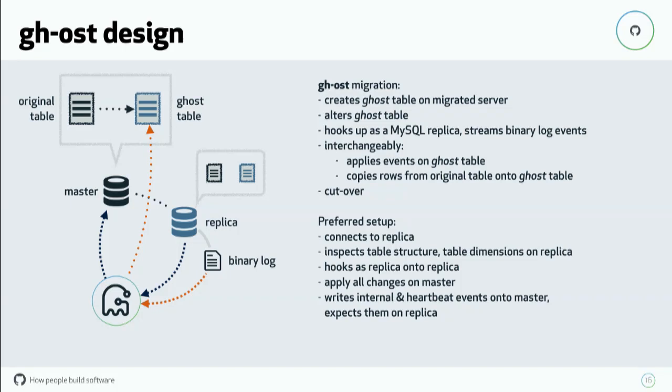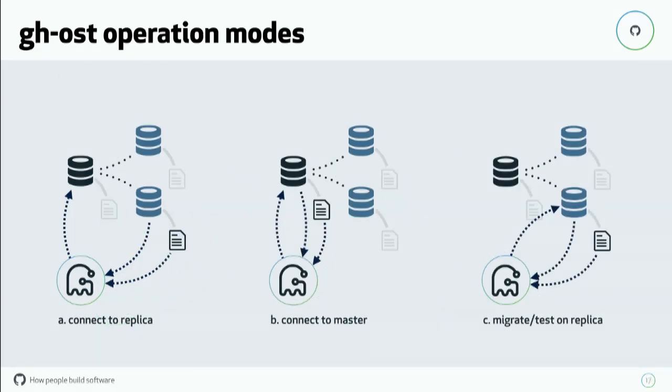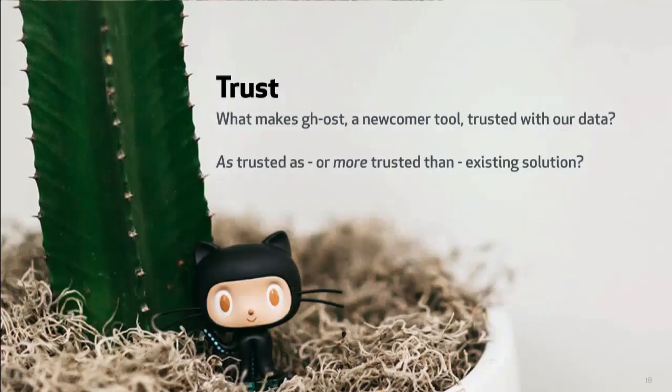So it's basically this picture, right? There are other ways that we could do it. We could just connect to the master, right? So what we were just talking about was A. We could just do B, or we could do C. C is interesting because we're only talking to a replica. And I'll talk about that, not in this slide, but coming up.